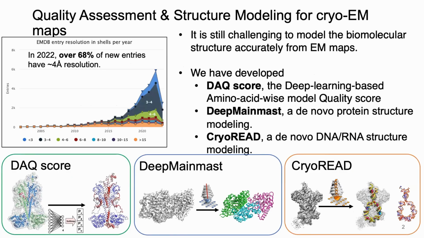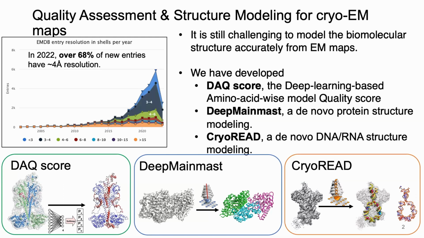So this is a brief introduction. Maybe we already know that the amount of available cryo-EM data is rapidly increasing. Also, from the resolution point of view, a lot of high-resolution cryo-EM maps are available, which means we can use the atomic model built from the cryo-EM map.